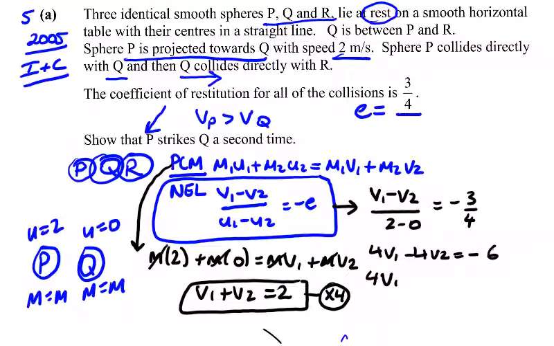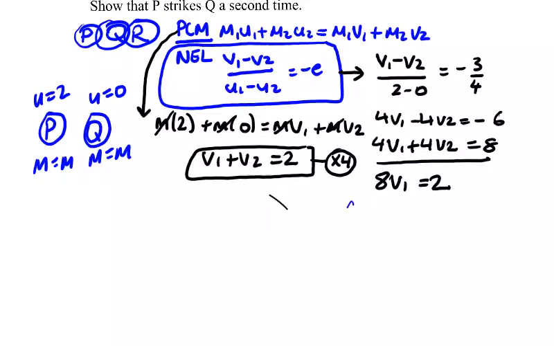So we get 4v1 plus 4v2 is equal to 8. So we get 8v1 is equal to minus 6 plus 8, which is 2. So v1 is 2 over 8, which is equal to 1 over 4.